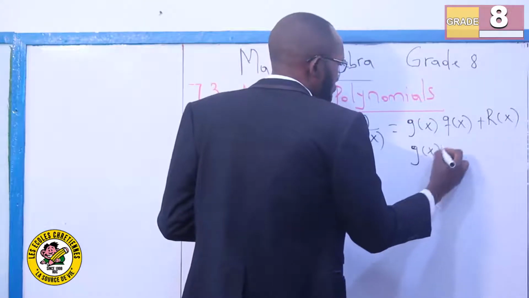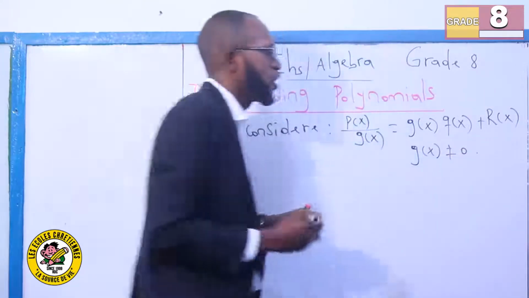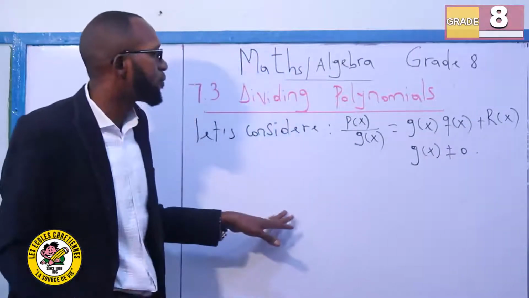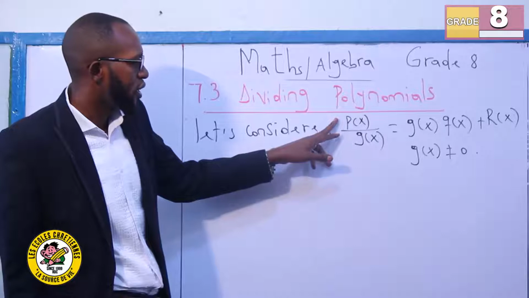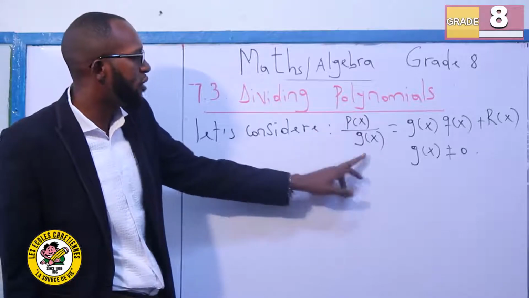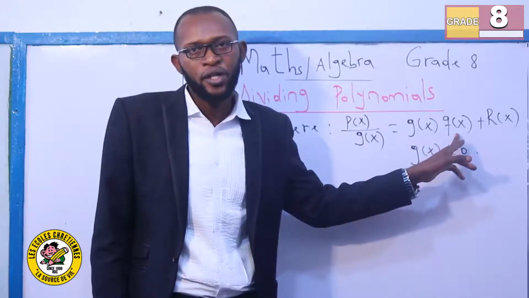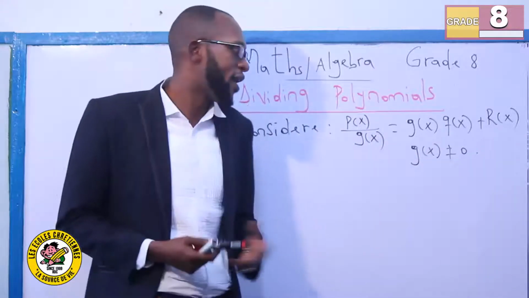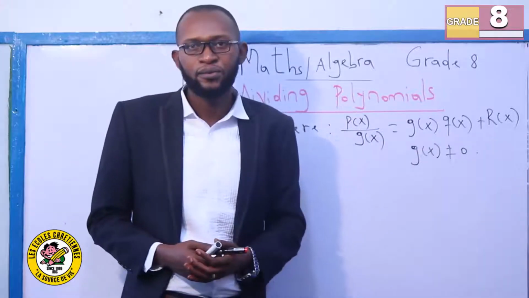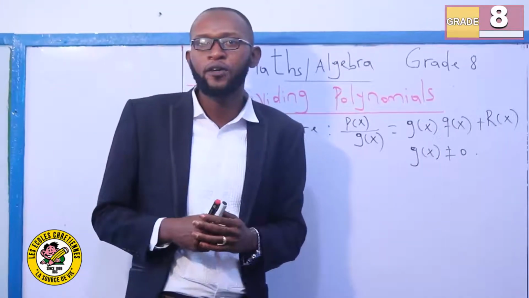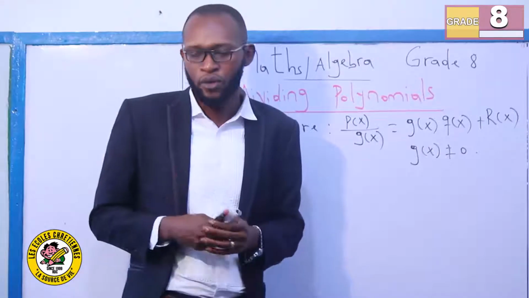Q must be different from 0. Here we have a dividend, here we have a divisor, and this is your quotient. And when you divide, you can have a remainder. Have more theory in your notebook.